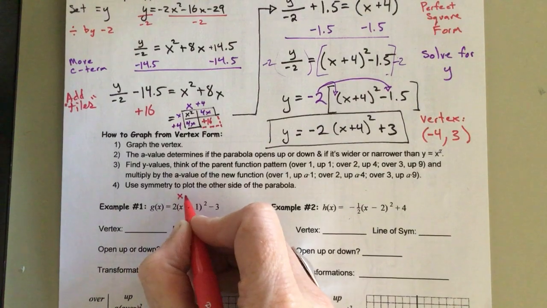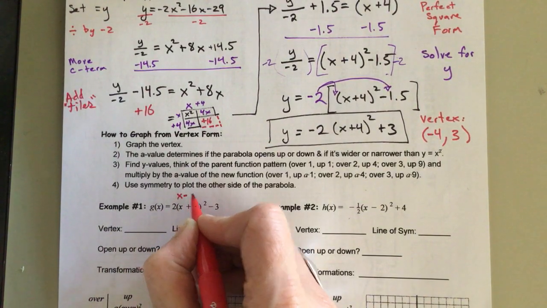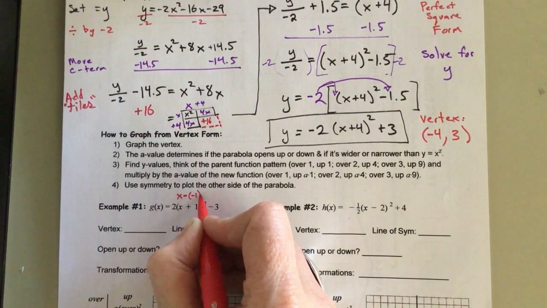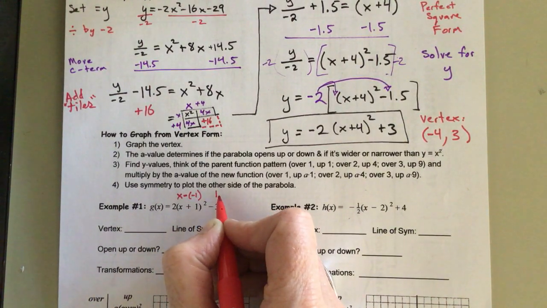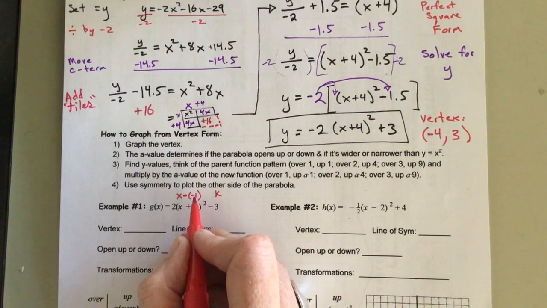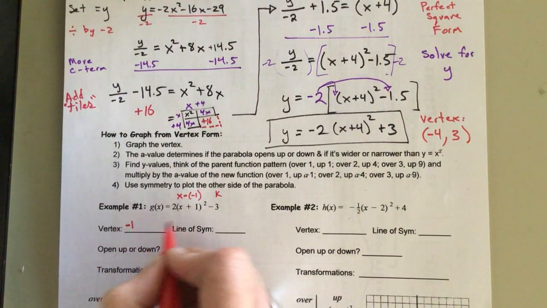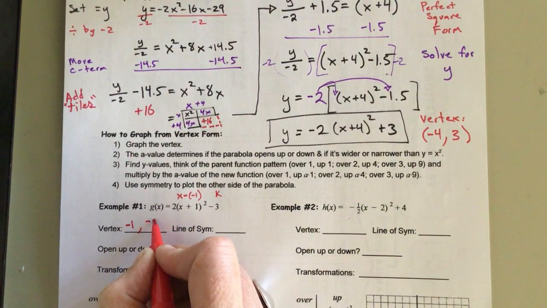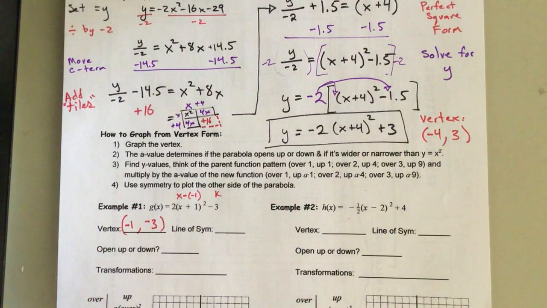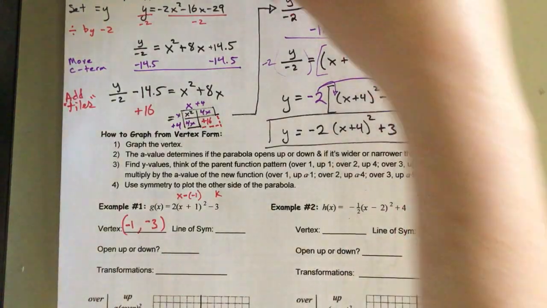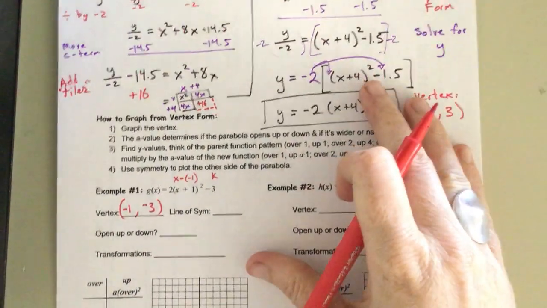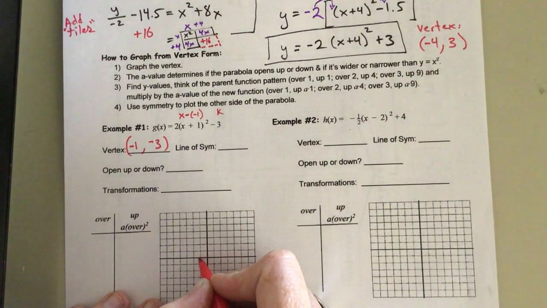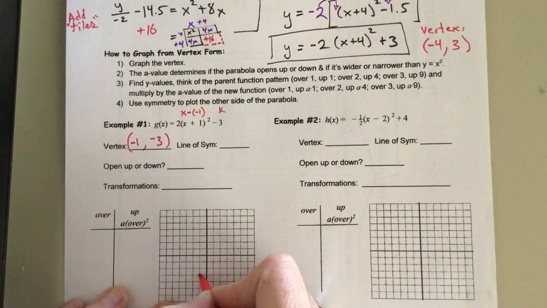If we have x minus a negative 1, that will turn it into a plus 1, and then we have our k value at the end over here. So our h value is negative 1, and our k value is negative 3. So I can plot that down on the graph. I can plot negative 1 down 1, 2, 3.